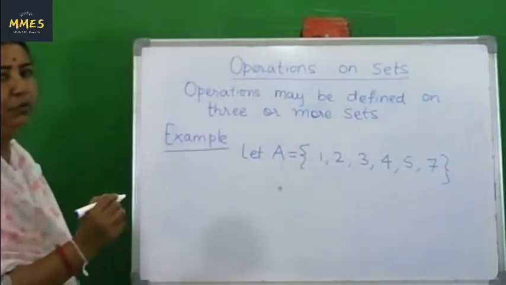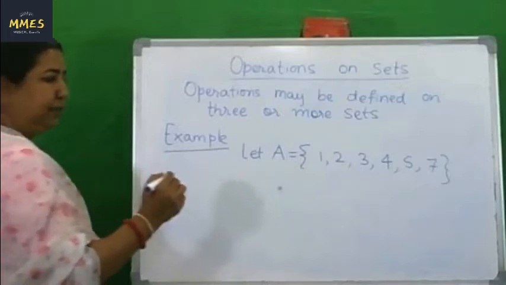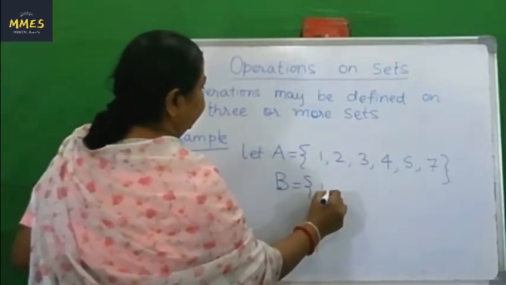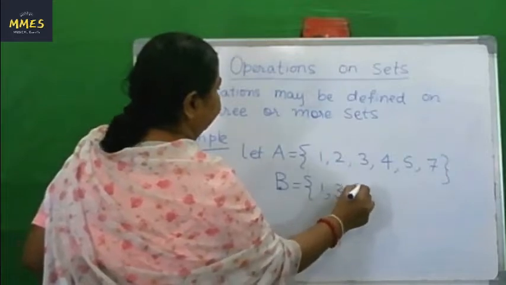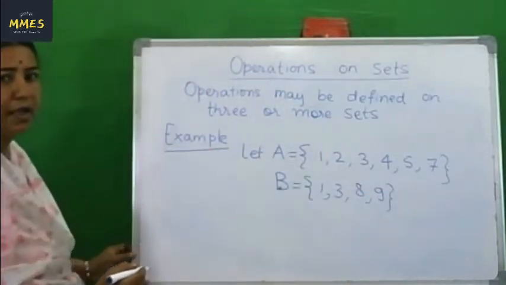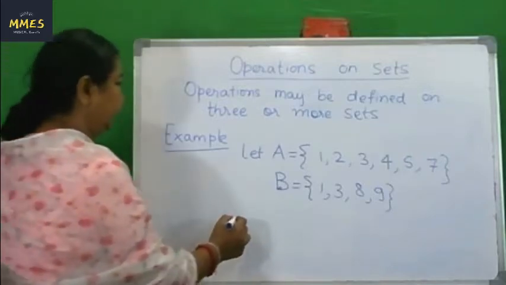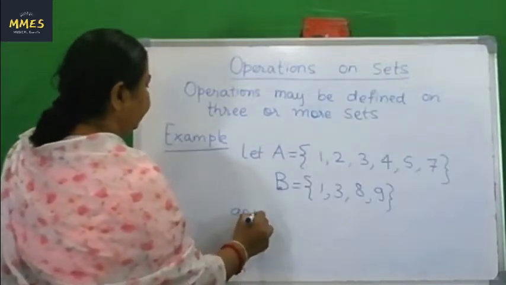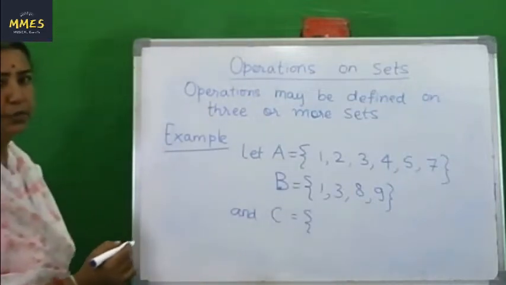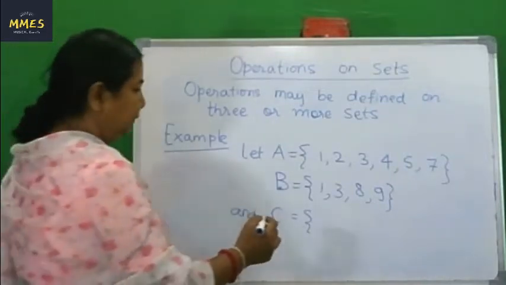B is equal to 1, 3, 8, 9. And C is equal to, suppose, 1, 3, 6, 8.